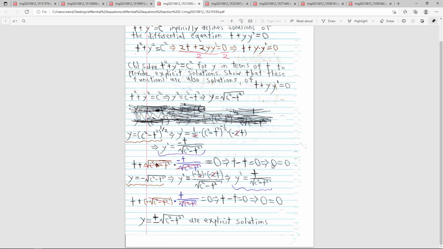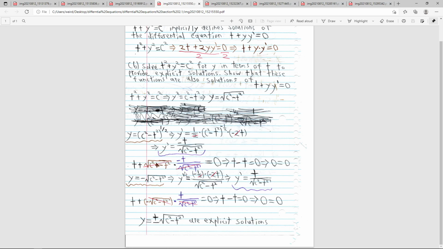What was this here? It was showing that these are solutions of t plus y times y prime equals 0. So, right, that's what we're doing.